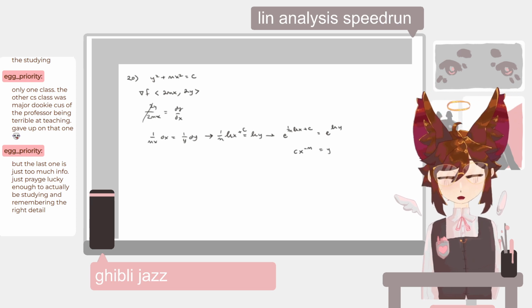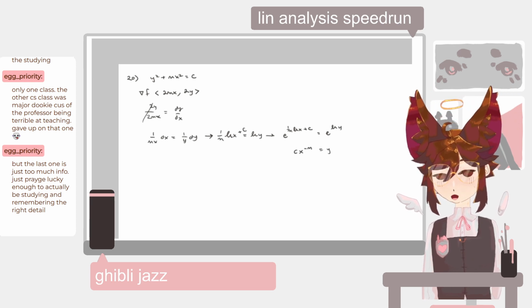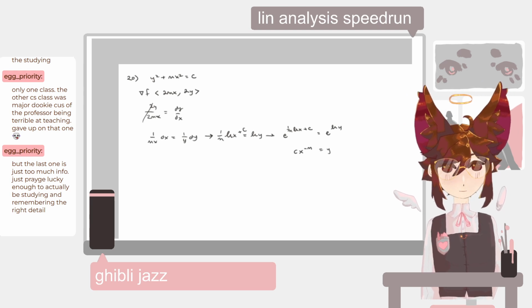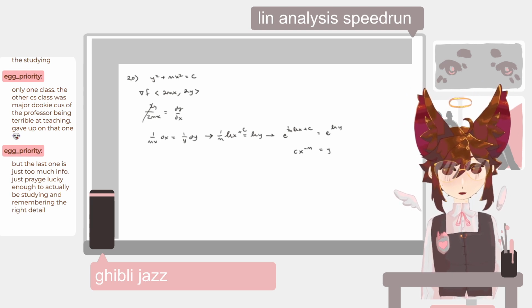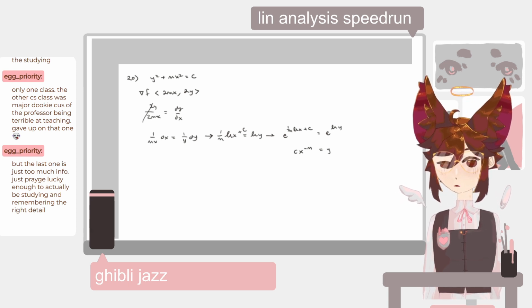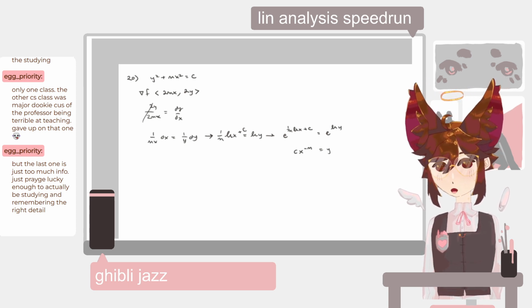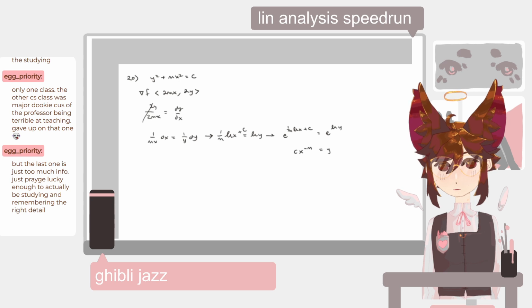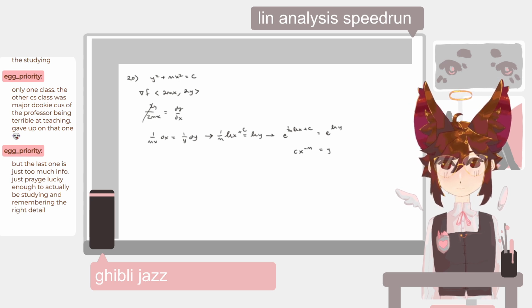Our answer would be cx to the minus m equals y. I don't think so, actually. Oh, sorry, c1. It'll be a different c. ax. Let's say, yeah, a. So if we set it equal to... I don't know.